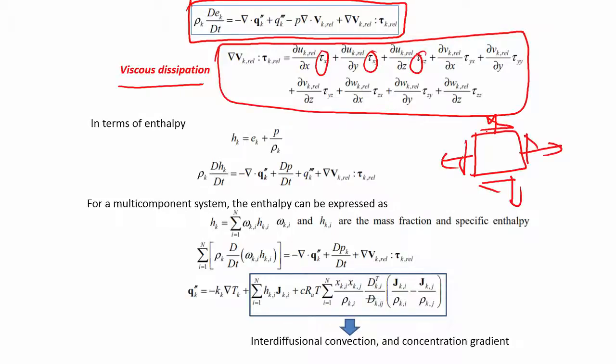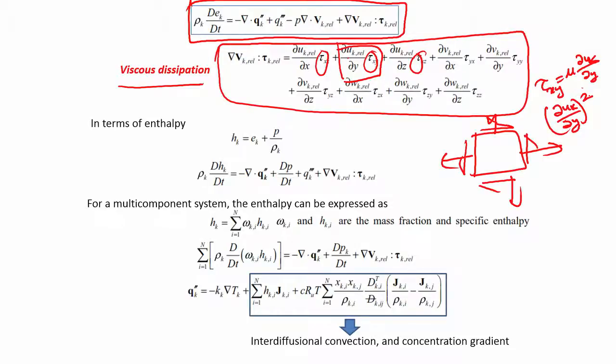Now, if you look at this particular expression, let us take tau xy. Tau xy, as per Newton's law, is something like this, the constitutive relationship that you all know. If you look at this term and this term, this is one of the viscous dissipation components. What this will give you is mu (dU/dy) squared.